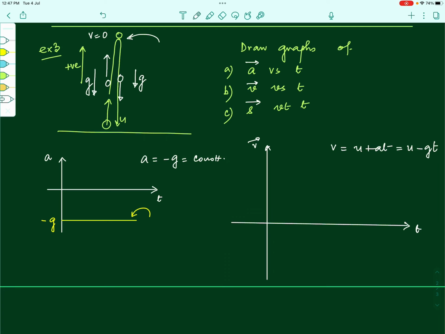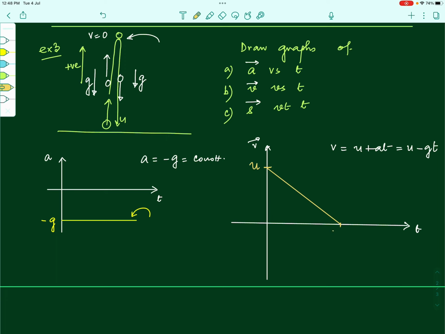And this rate of decrease of velocity is constant because acceleration is constant, right? So, for the upward going motion, if the initial velocity given to the body is some u in the upward direction, this is positive u. As the body goes up, its velocity comes down and approaches the 0 value. It reaches the 0 value in a certain time.